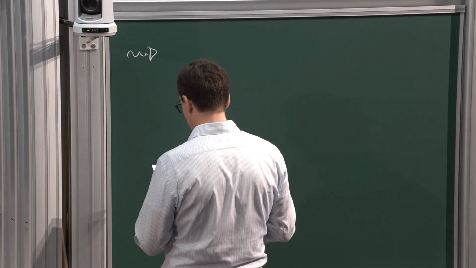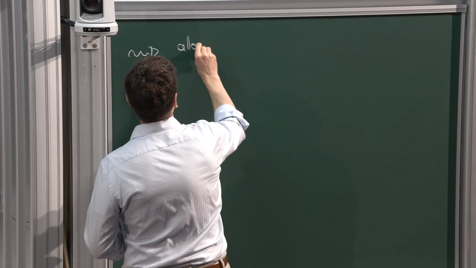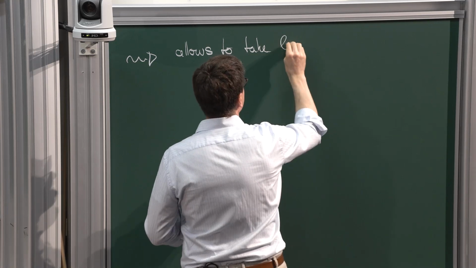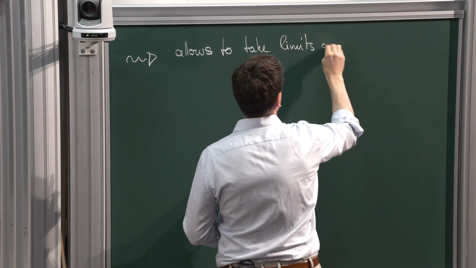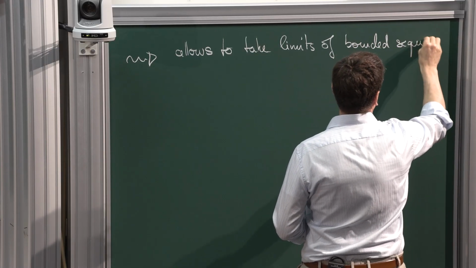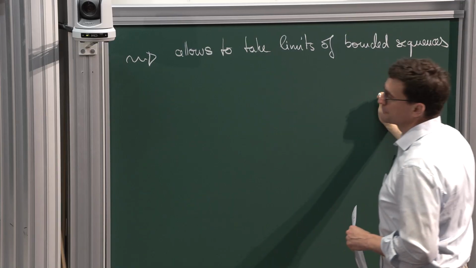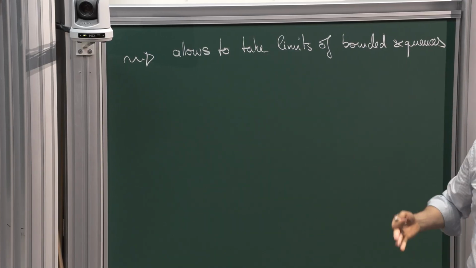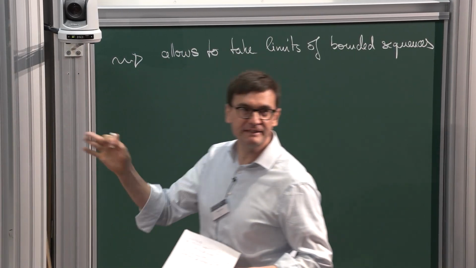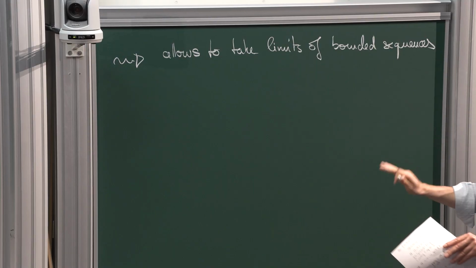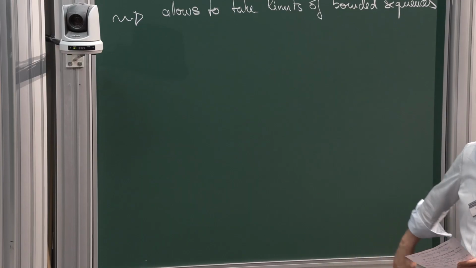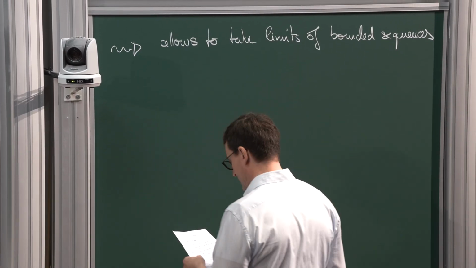That's the main benefit. Of course, you could go to a convergent subsequence if you have a bounded sequence in R, but what the ultrafilter does is it pre-selects these subsequences right at the beginning of whatever you want to do in a very consistent way. That's one way to think about it.